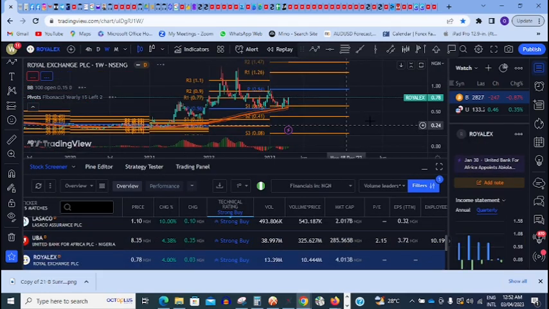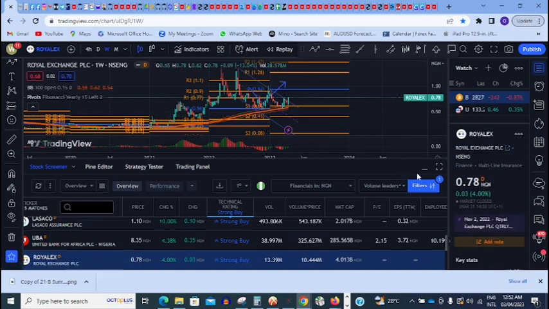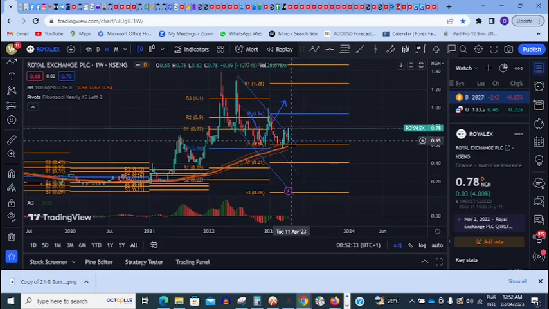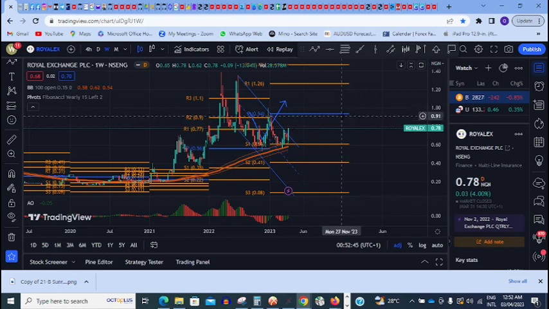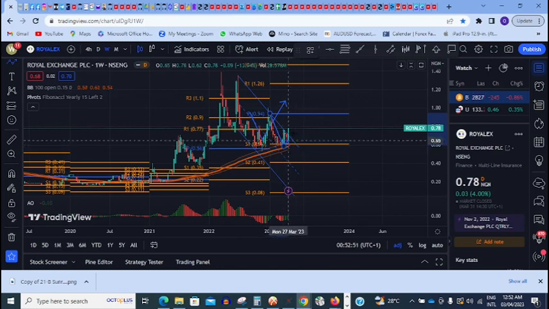Royal Exchange. This is a very good one because I can see that the price is still at a support. Live buying at support. The low of last week is 62 kobo. So if you get it at 62 kobo, let me draw another path for this. At least the market touching here.